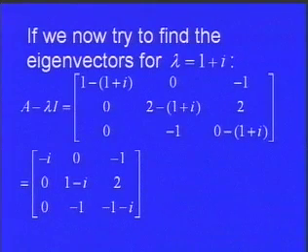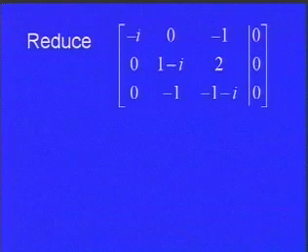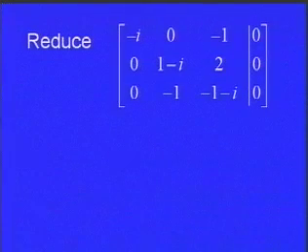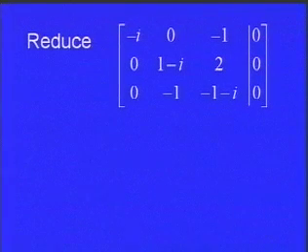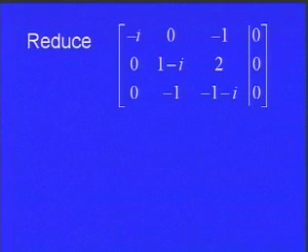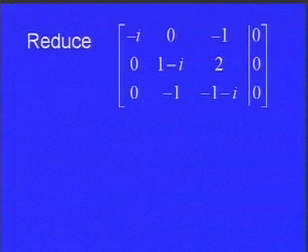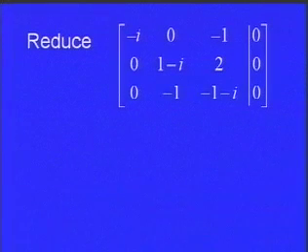Okay, now the next thing I was supposed to do is to reduce that on the left with zeros on the right. So I make an augmented matrix with the A minus lambda I on the left and zeros on the right. Now luckily, I don't have to do this. Not in my class anyway, not in Math 1114. When you get into differential equations, which is coming up pretty soon for you, you will have to reduce this. You'll have to try to get a 1 in that first position, the 1, 1 position.